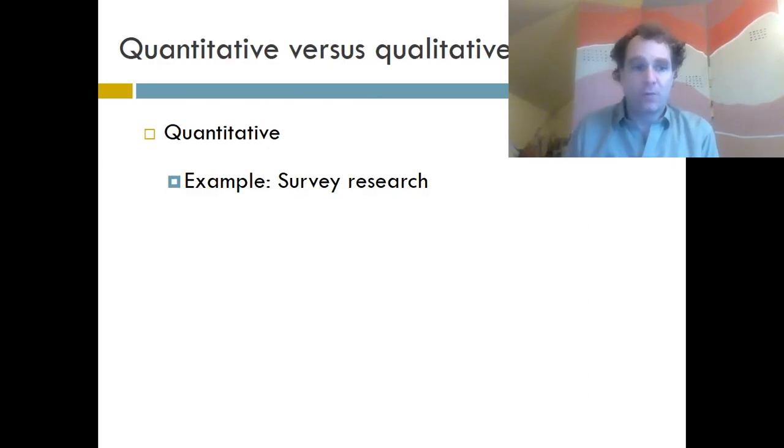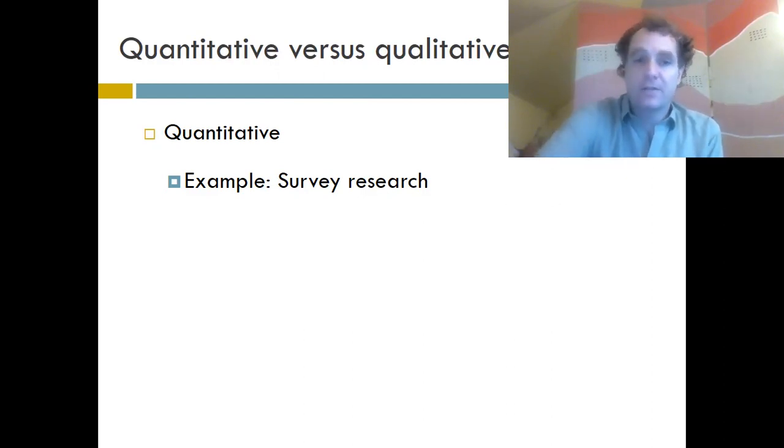And so it's quantifying. It's turning it into math, into numbers, so that then you can use statistical analysis to analyze that data. And so essentially quantitative research really goes hand in hand with statistical research.